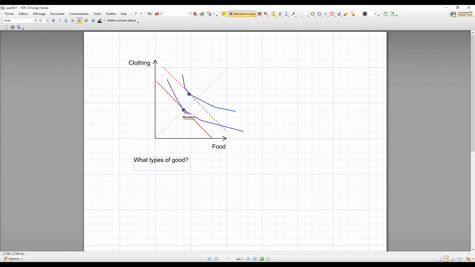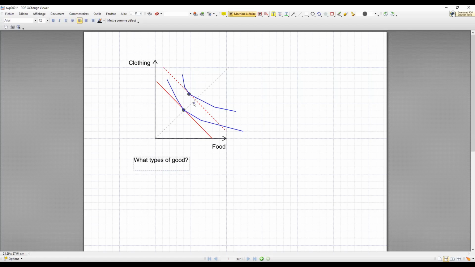So if I consume 4 units of clothing and 4 units of food, and now I consume 6 units of food and 6 units of clothing, then proportionally my consumption of each one would be exactly the same as the change in income.